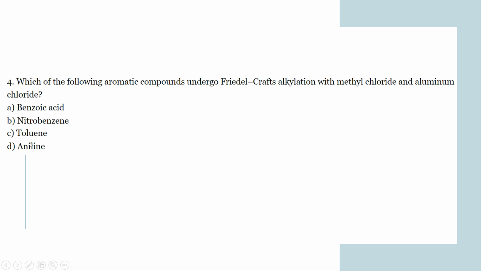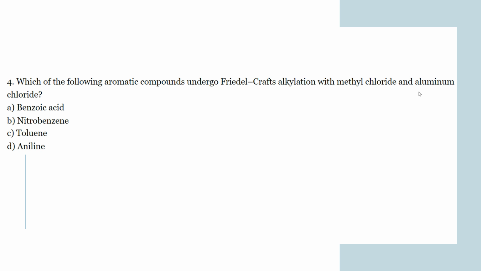But in the case of aniline, this reaction is more favorable. The lone pair of electrons gets donated to the Lewis acid and forms a salt, making it unable to undergo electrophilic substitution reaction.